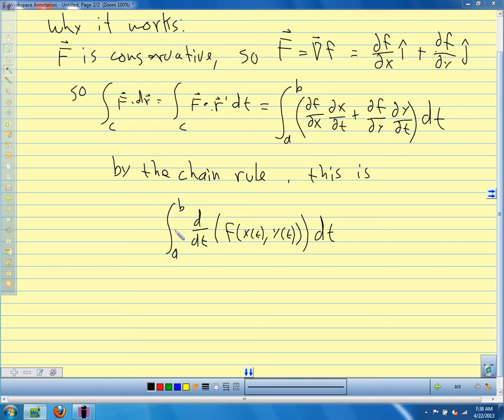And when we take the integral of a derivative, we just end up with the original function, evaluated from a to b.